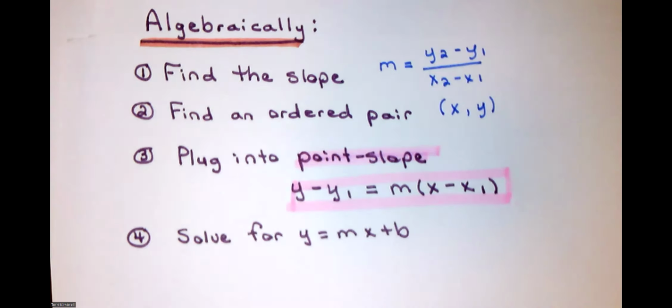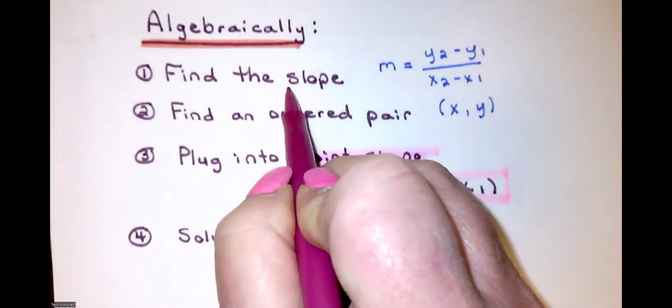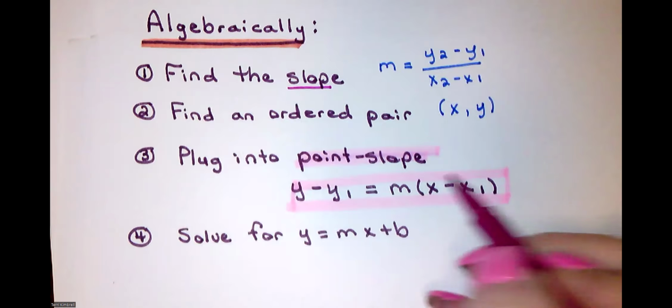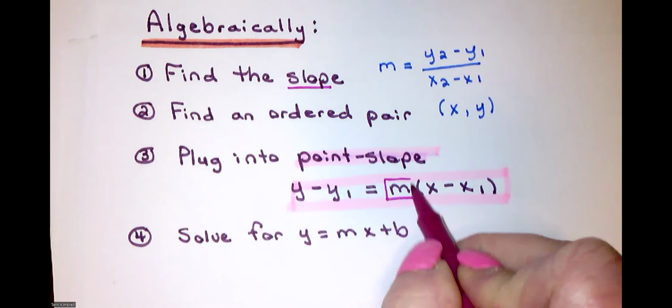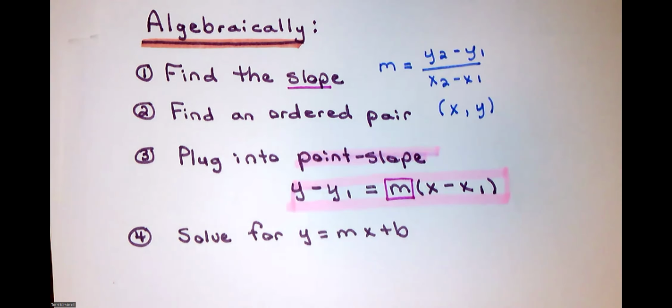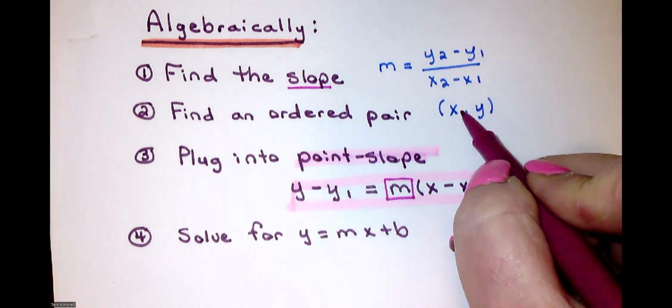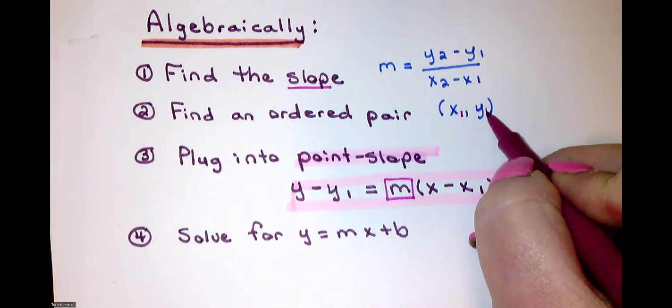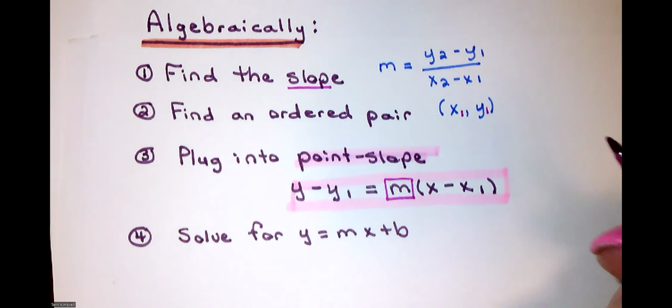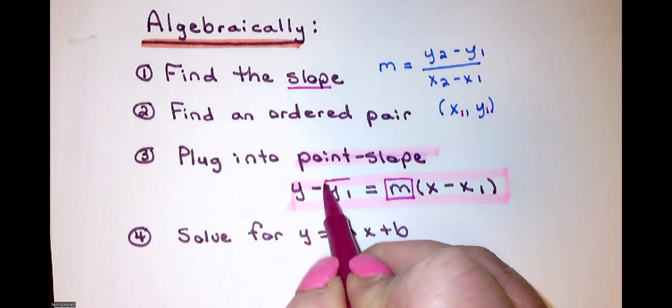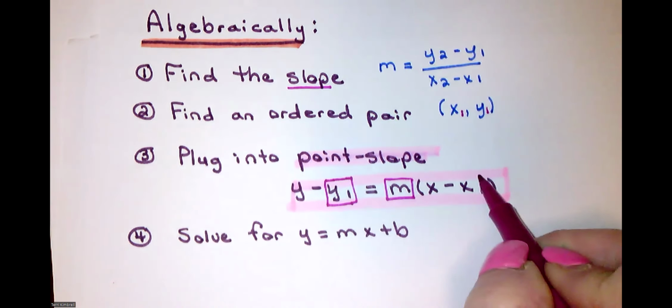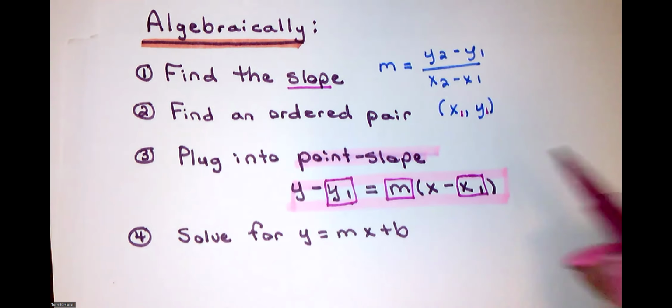You can use point slope to find the equation of the line, but you have to know two things. You have to know the slope, and that's going to go in for M. You also have to know an ordered pair, any ordered pair that you want to pick from the line. Those are going to go in for your Y1 and your X1.